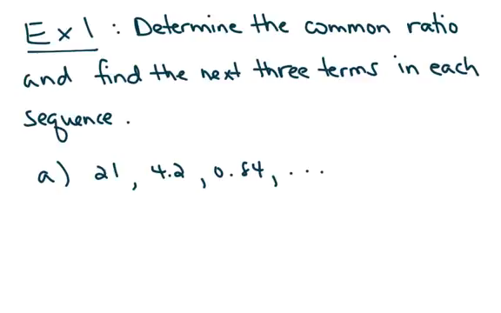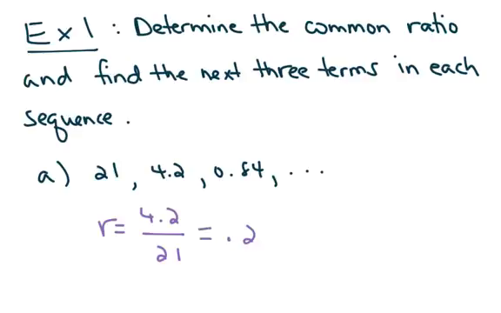So in example 1, let's determine the common ratio and then find the next 3 terms in each sequence. So again, to find the common ratio, all you have to do is take the second term and divide it by the first, and that's going to tell you what you're multiplying by. So 4.2 divided by 21 is 0.2.